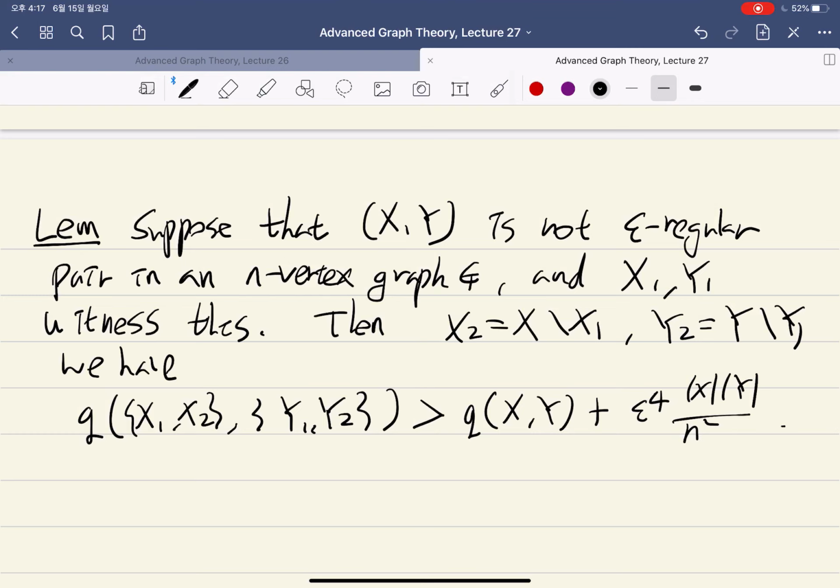So this will ensure that for a certain irregular partition, we can always improve this. We can always take a further partition so that this function increases. So in the next video we will prove this.